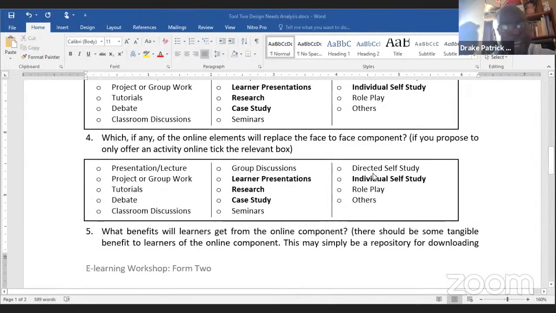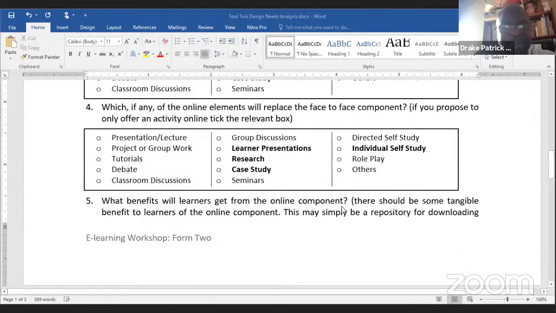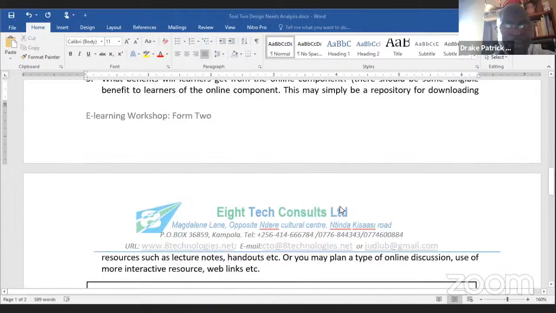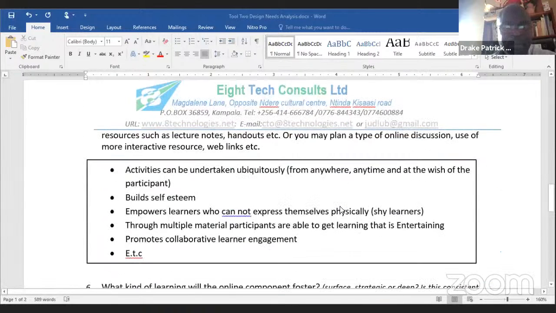Five, what benefits will learners get from the online component? Because for learners, we need to provide an incentive mechanism to allow that motivation. So Fiona, scroll down so you can see what we feel. So one is that we said activities can be undertaken ubiquitously.